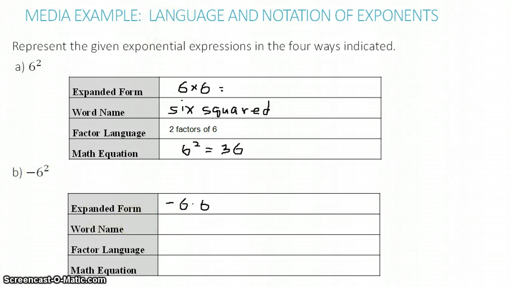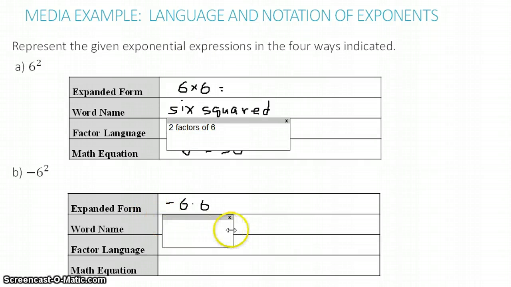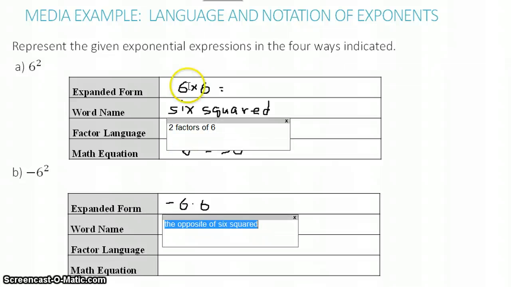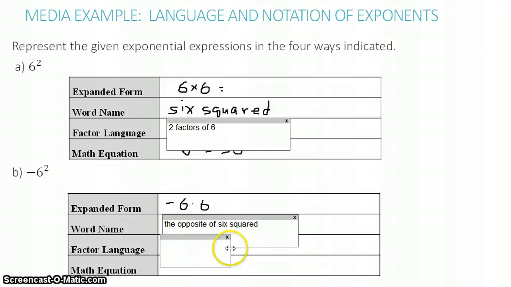Okay. For word name, let's write the opposite of 6 squared. In factor language, we'd write the opposite of 2 factors of 6. So really remembering that that symbol is going to be an opposite.